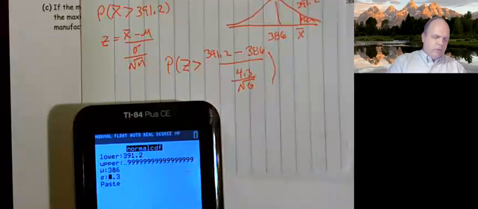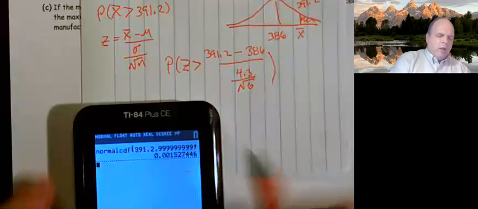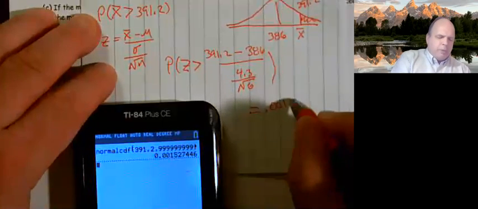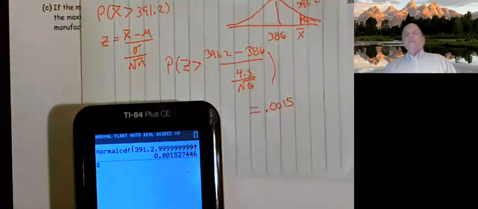My standard deviation is 4.3 divided by the square root of 6, and I always just raise it to the half power. That's the way I do it. You don't have to do it that way. And it's a pretty small chance. It could happen, but it's pretty unlikely that an average of 6 balls would go farther than 391.2.